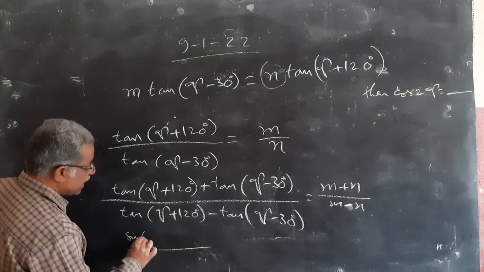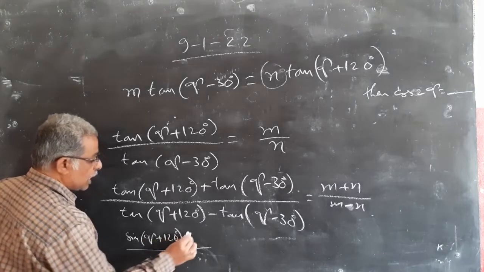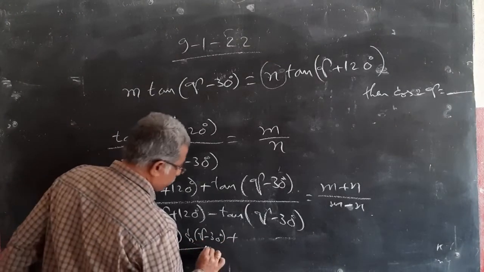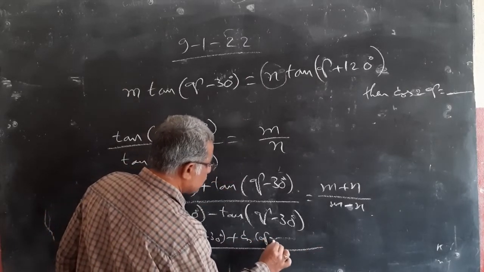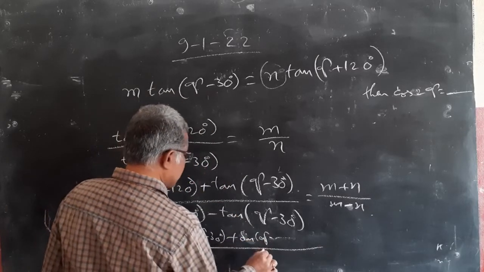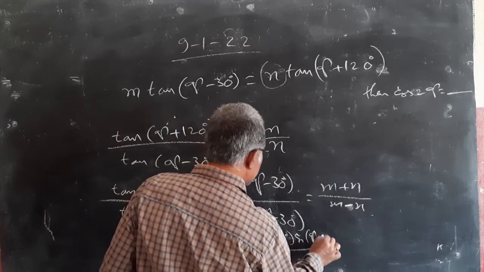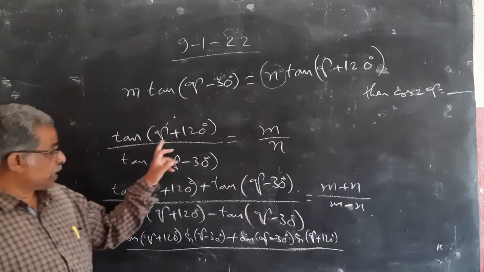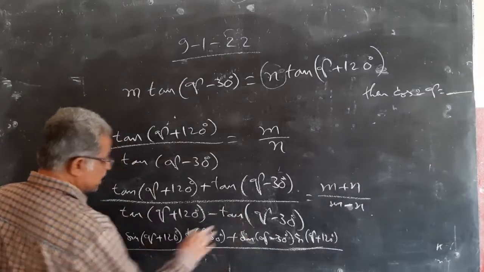So I will get sin of q plus 120 into cos of q minus 30 plus sin of q minus 30 into cos of q plus 120, divided by the same cos of q plus 120 into cos of q minus 30, which I am not writing so that it gets cancelled in the denominator.